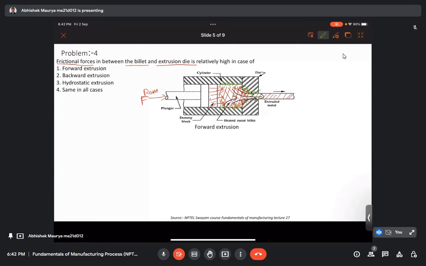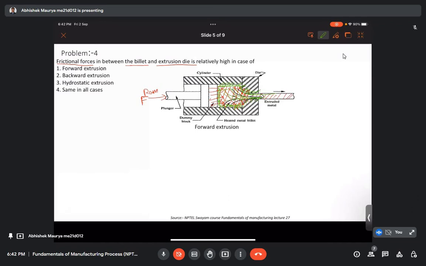These are all the regions where I have hatched in green color. All these regions are surfaces in contact with relative motion. Basically this billet portion is also moving forward, as well as material inside the billet is moving towards the die opening.